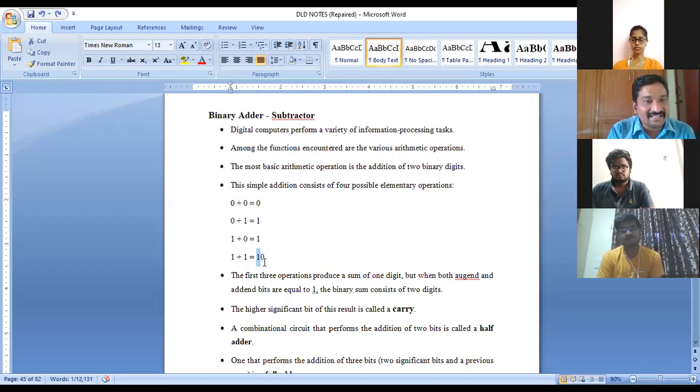Whereas 0 is the LSB, the least significant bit. Always the least significant bit will be the sum, and this is the carry. Always the higher significant bit will be the carry bit.